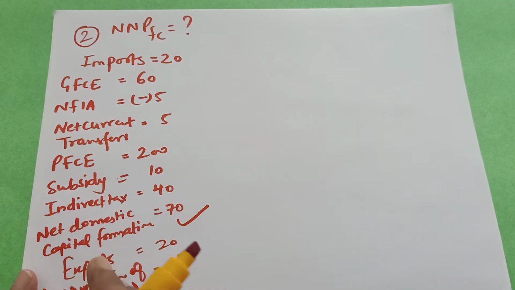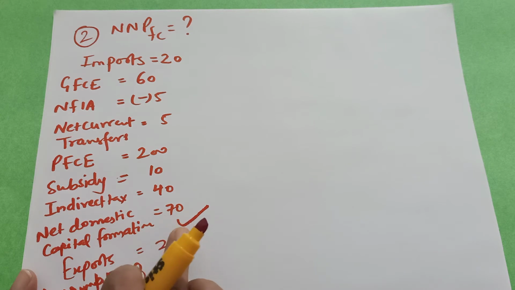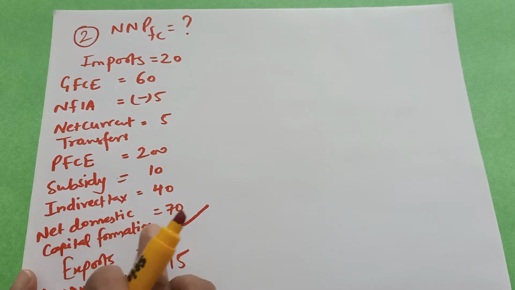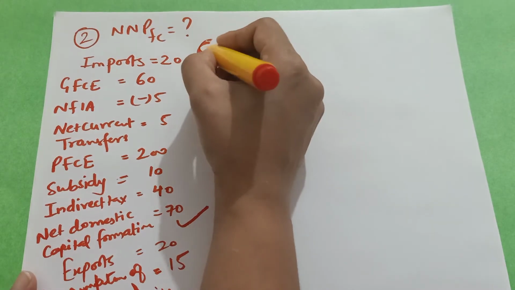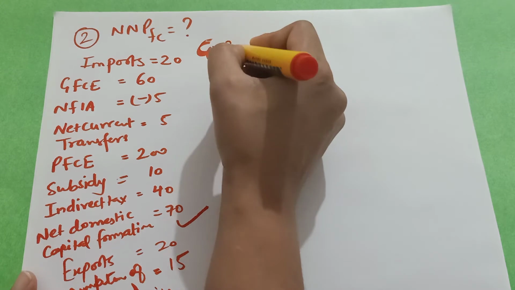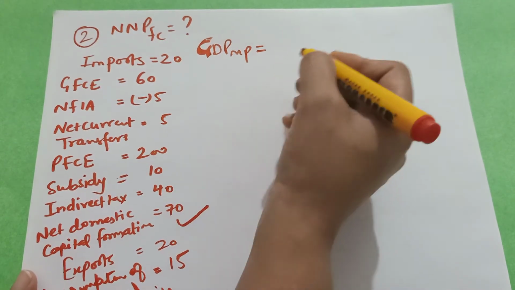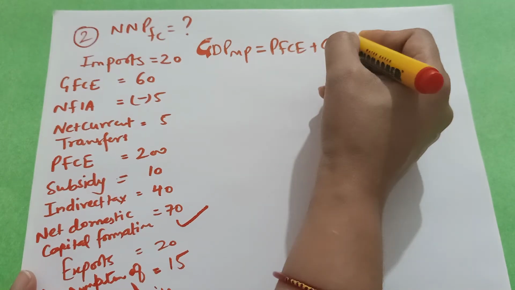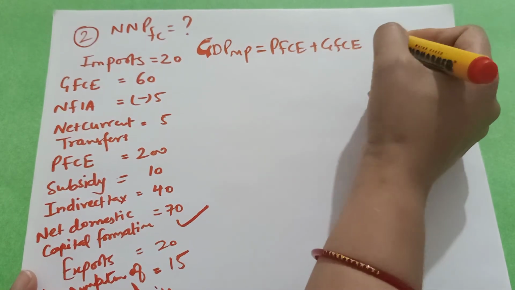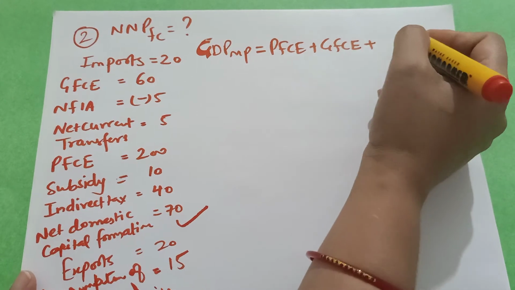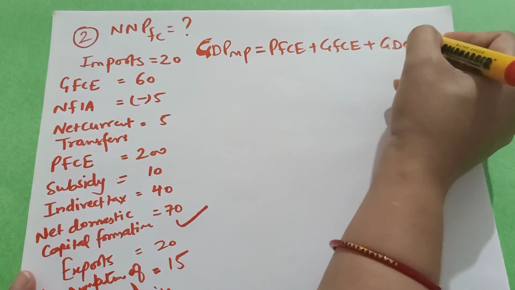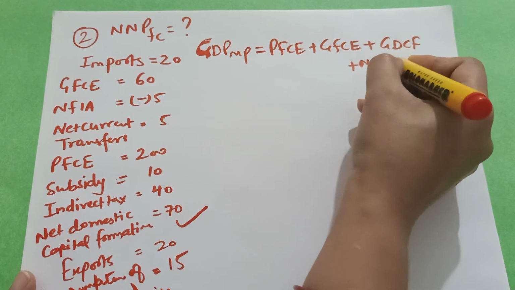To find gross domestic capital formation, you have to add depreciation to net domestic capital formation: NDCF plus depreciation. So I write the formula for GDP-MP in the expenditure method: private final consumption expenditure plus government final consumption expenditure, the sequence may be changed, no issue, then GDCF plus net exports.